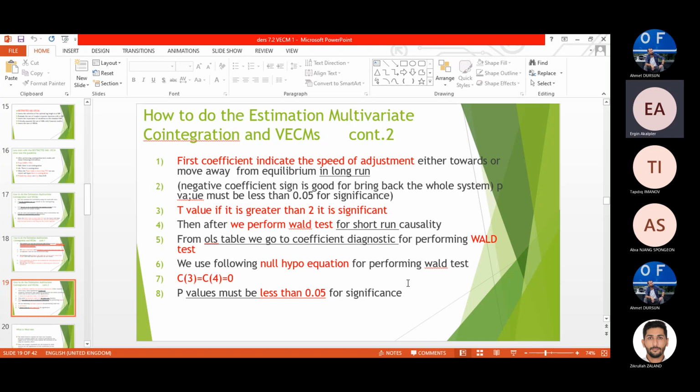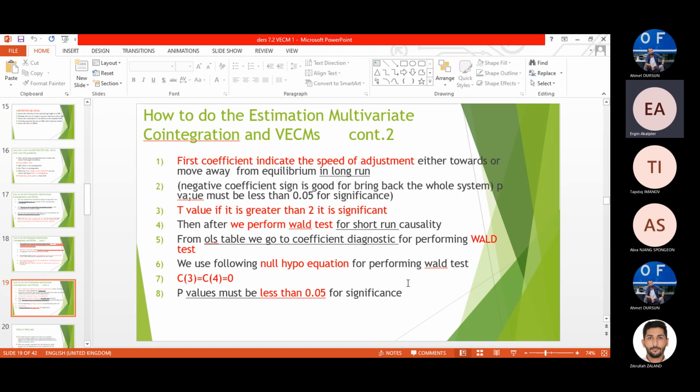Then after we perform the Wald test for short-run causality from the OLS, or ordinary least squares, table, we get the coefficient diagnostics for performing the Wald test. We use the following null hypothesis equation for performing the Wald test, so-called C3, the equations that we obtain from the dependent and independent variables.